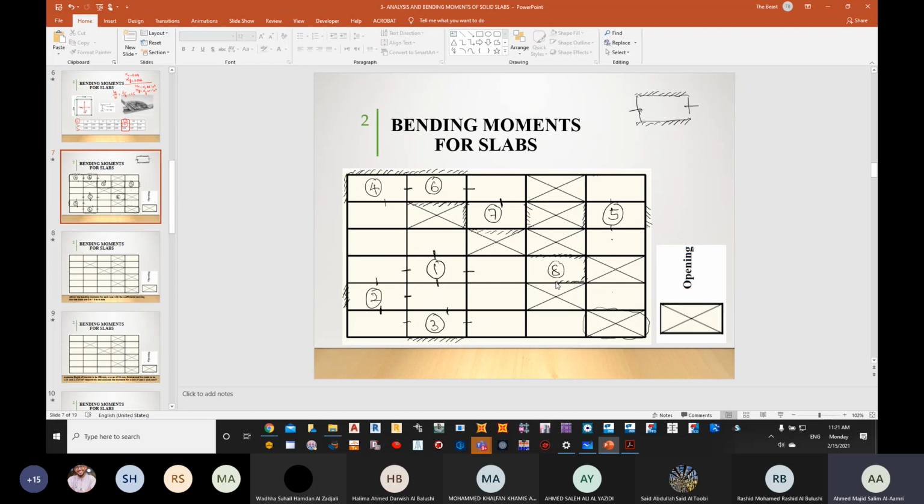Here it's discontinuous because it's an opening. Here it's discontinuous because it's an opening. It has only one continuous, which is short or long? Short.